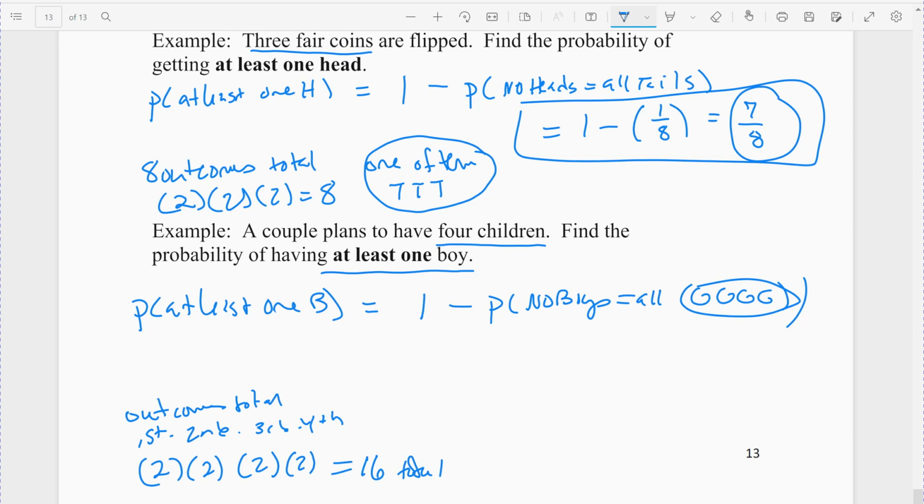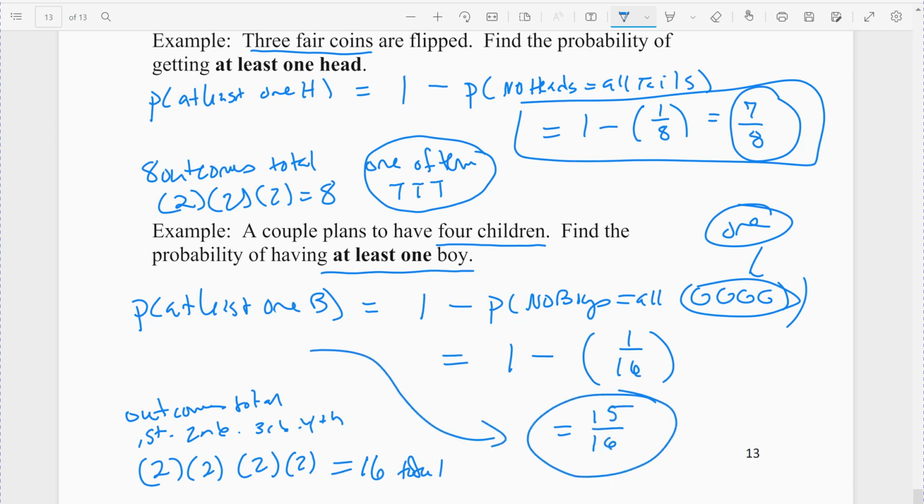Out of the 16 total outcomes, there's only one way to get all girls. And so the probability you get at least one boy would be 1 minus the 1 out of 16 outcomes where you get all girls. And so in 15 out of 16 outcomes, you get at least one boy, meaning you could have one boy or two boys or three boys.